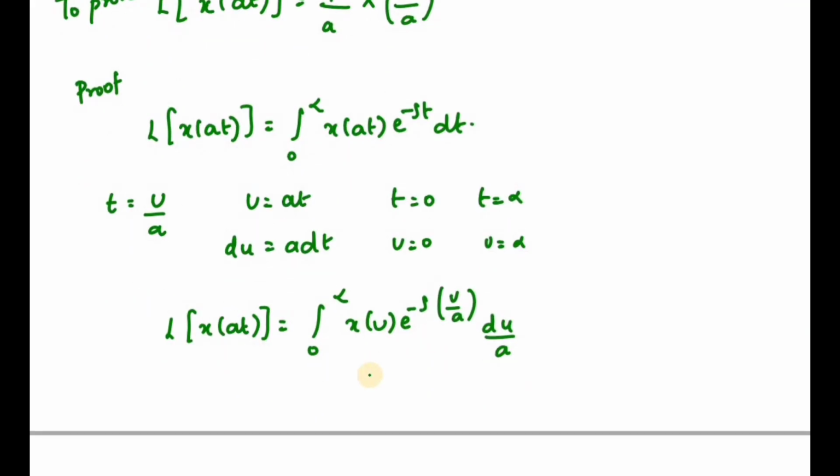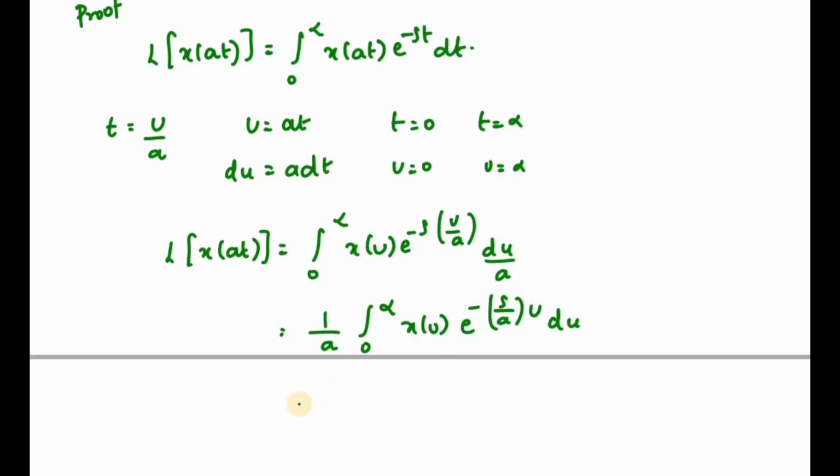So now this becomes 1 by a integral from 0 to infinity x of u e power minus s by a of u du. The entire term I can write as 1 by a X of s by a. Hence it is proved.